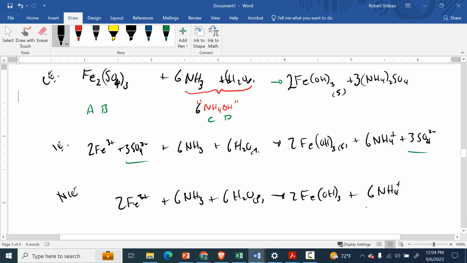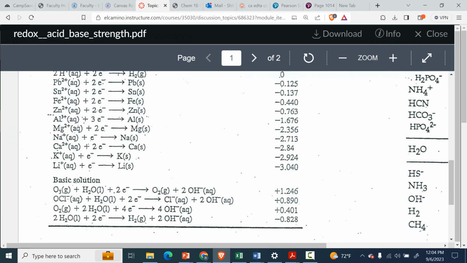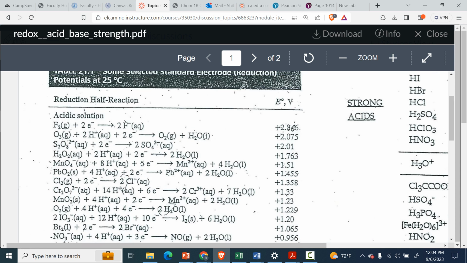If we had some powerful oxidizers, do you see any powerful oxidizers in here? What were the powerful oxidizers? Fluorine, ozone, hydrogen peroxide, permanganate, chlorine, dichromate, etc. I don't see any powerful oxidizers there.